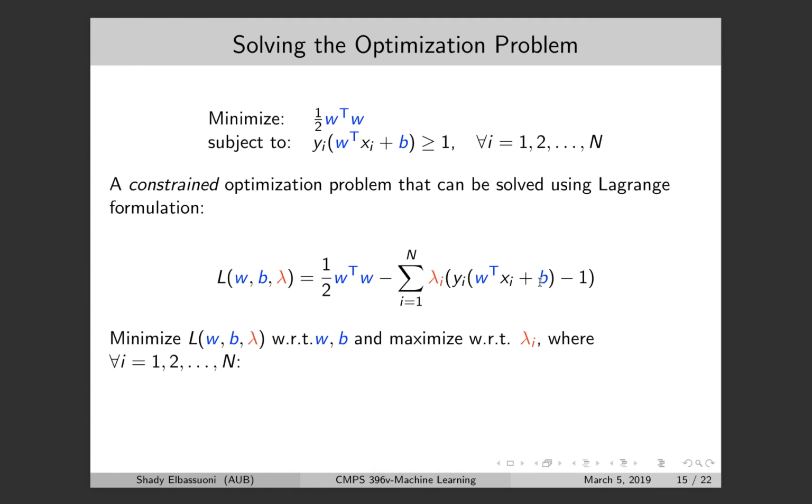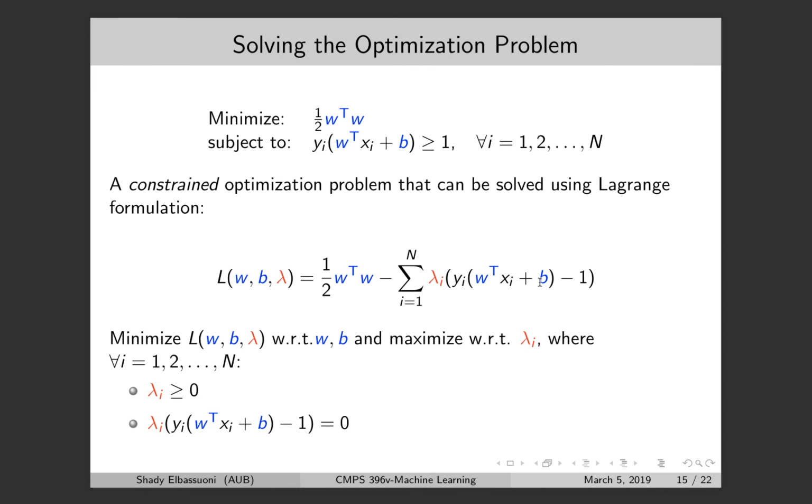Great. Now all I have to do is minimize L, the loss function, with respect to W and B and maximize it with respect to lambda i, where for i equal 1 to n, lambda i is greater than or equal to 0, so that comes from the Lagrange formulation, and lambda i yi (W transpose xi plus B minus 1) is equal to 0.